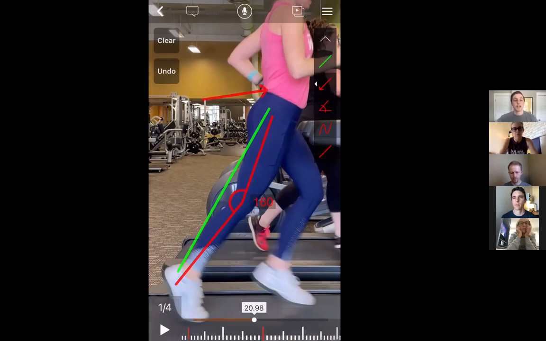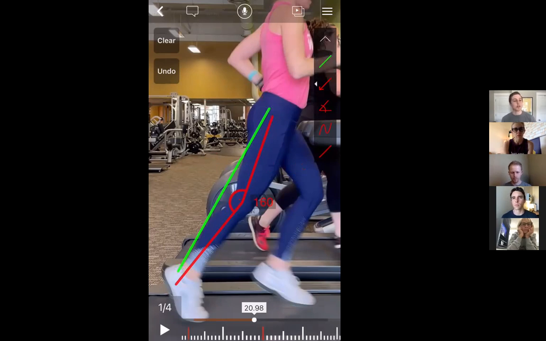Another is the thigh bone, the femur, going back behind the body. And another is a little bit of rotation at the level of the pelvis. Those three things usually combine to get around 15 degrees or so of the leg going back behind the body.